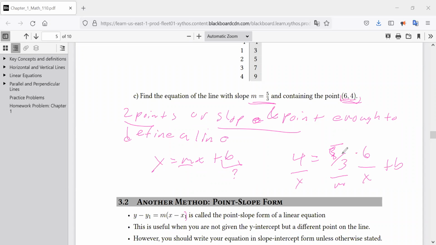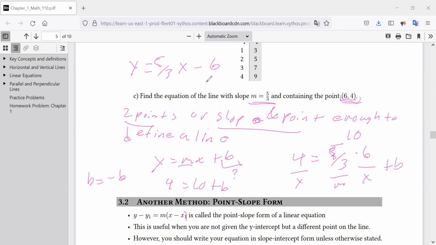So this times this becomes 10. So we have 4 is equal to 10 plus b. And that is going to mean that b is equal to -6. So I would have y is equal to 5 over 3 x minus 6. Does that make sense?